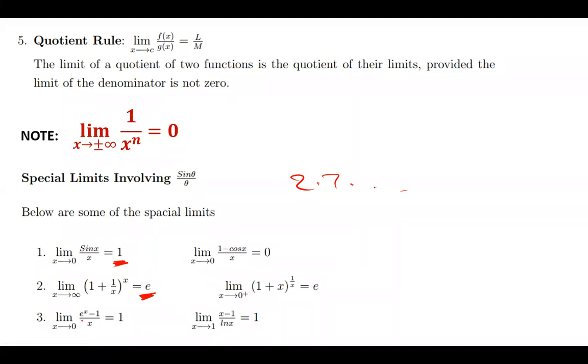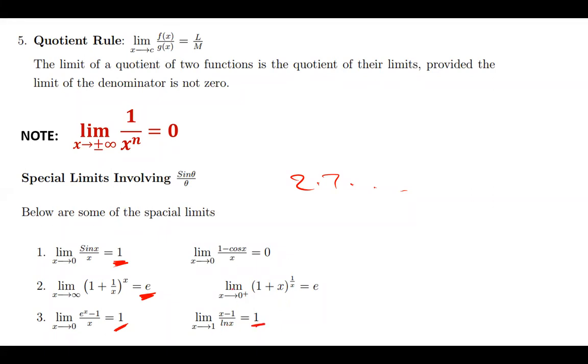And then the limit of e to the power x minus 1 over x when x is approaching 0 is just 1. The same applies to the limit of x minus 1 over ln x; the answer is 1 when x is approaching 1.